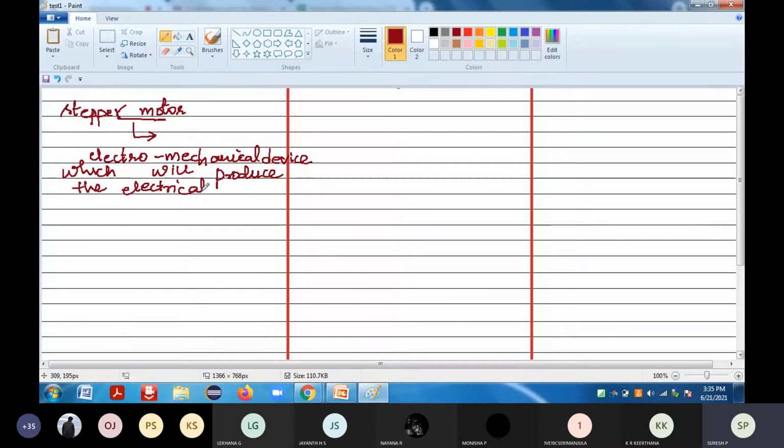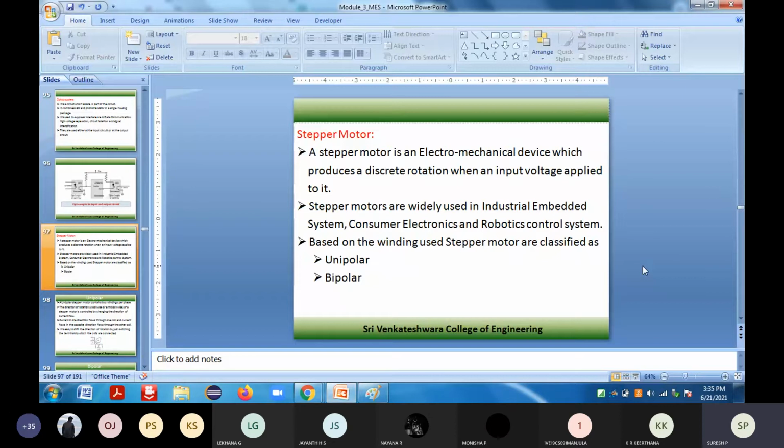They are mainly used in industrial embedded systems, consumer electronics and robotic control systems.